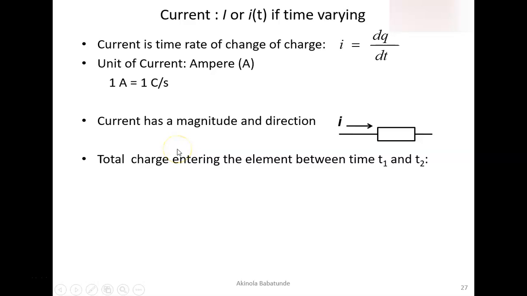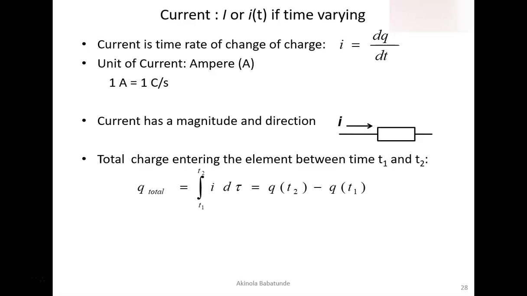Current has a magnitude and direction, so we always know the direction in which current is flowing. It is possible for us to calculate the total charge entering the element between time 1 and time 2 in the case of varying time.